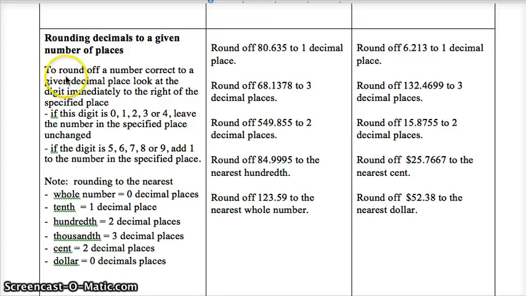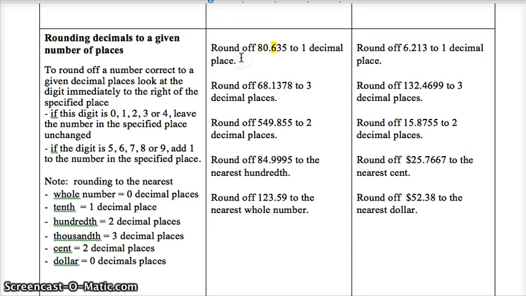Now, the rule is to round off a number correct to a given number of decimal places, you need to look at the digit immediately to the right of the specified place. What I mean by that is, if I want to round this first number 80.635 to one decimal place, I'm going to highlight my first decimal place, which is the 6.